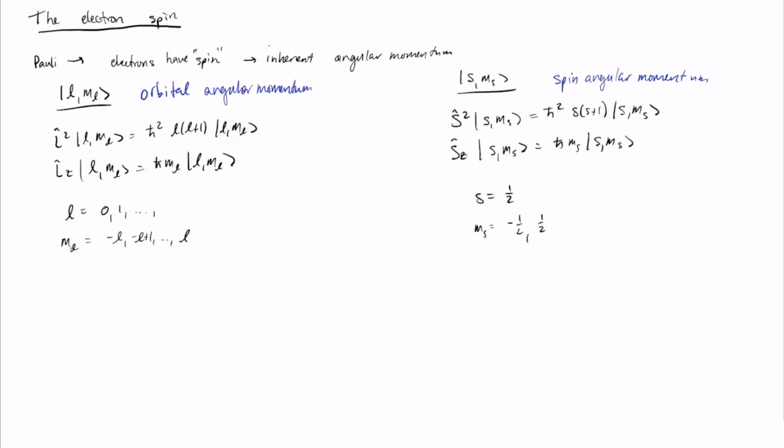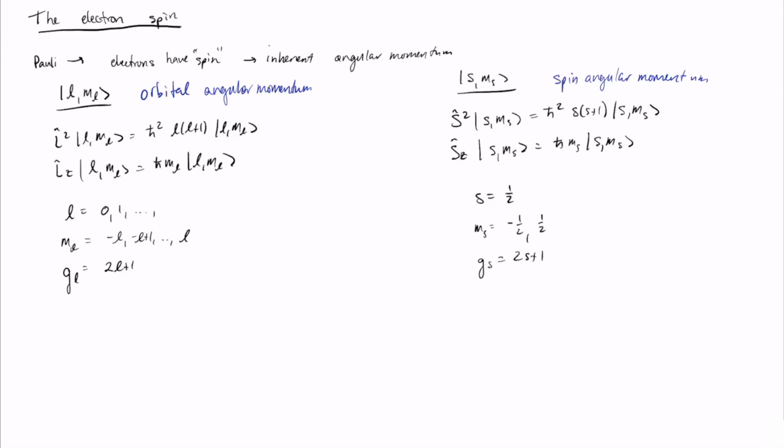By the same token, for orbital angular momentum, the degeneracy of a state with quantum number L is 2L plus 1. So if you plugged in S to 2S plus 1, you'd get 2. Let me make this a little bit more explicit. Degeneracy g_L is 2 times L plus 1, and the degeneracy g_S is 2S plus 1.